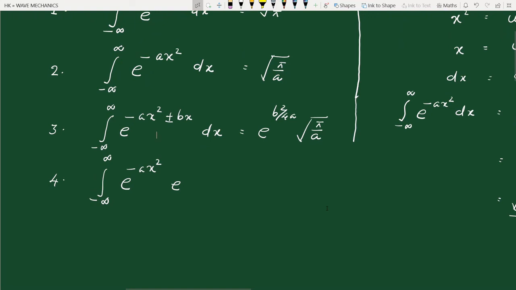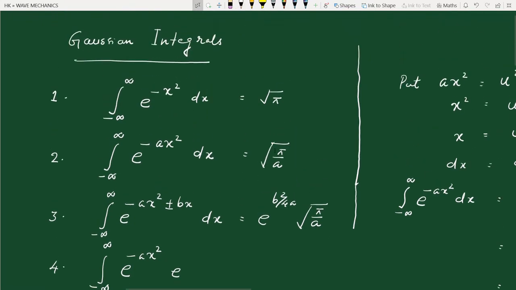When I introduce this constant a, the only condition is that the real part of a should be greater than 0. It can be a complex number with the real part of a greater than 0. And b can be any complex number.